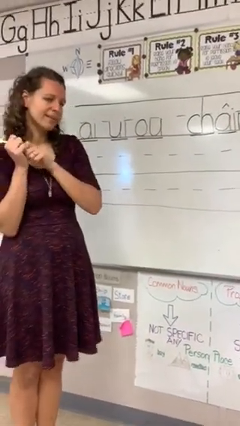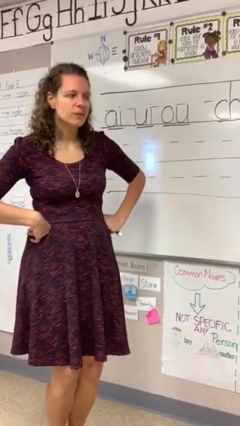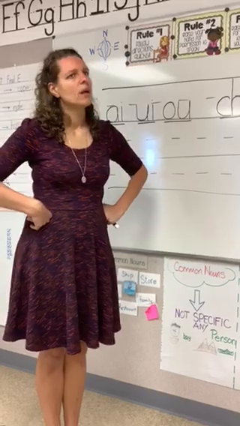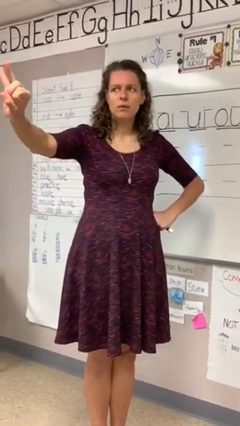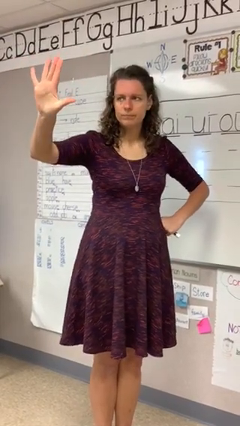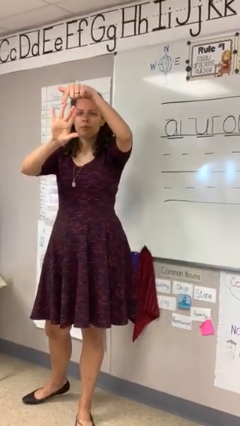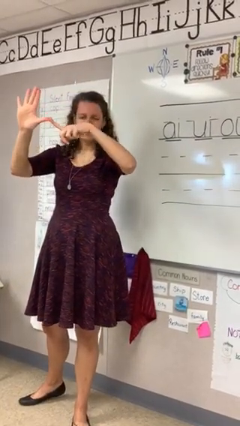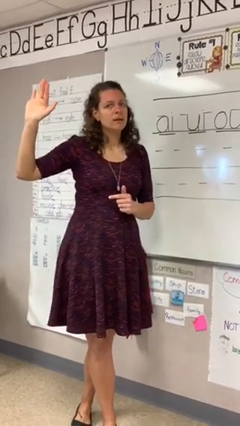What's the word? Good. I had a piece of fruit for breakfast. Fruit. What sounds do we hear in the word fruit? Good. One more time. Ooh. All right, our ooh is the ooh that we practiced earlier.